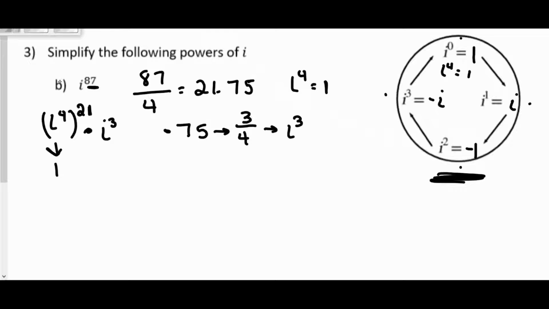So 4 times 21 is 84 plus my additional 3 that I got from my 0.75 brings us to 87. So we know that we split it up right. i to the fourth is just 1, and we can get 21 groups of those, so that's why it's written like that. And then i to the third simplifies to negative i. So i to the 87 is equivalent to negative i.